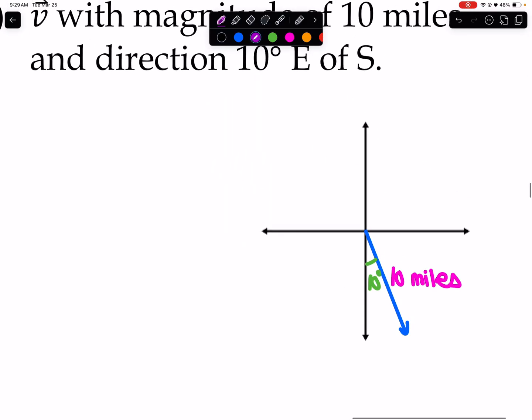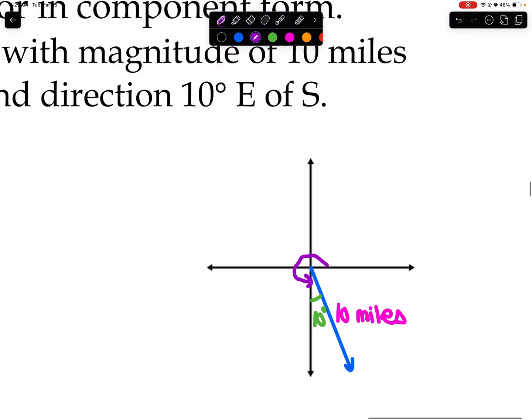For my actual angle in standard position, we're going to go 3 full quadrants plus that 10 degrees. That 3 full quadrants is equal to 270 degrees, plus the 10 degrees east of south. So in standard position, our angle here is going to be 280 degrees.